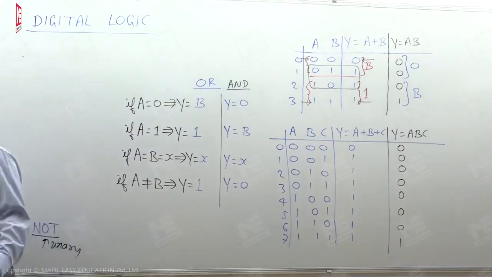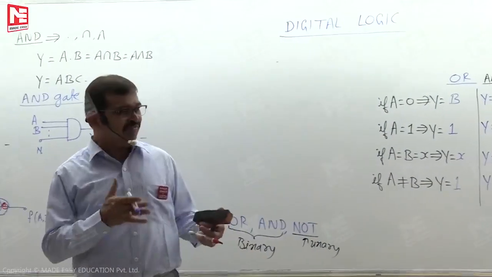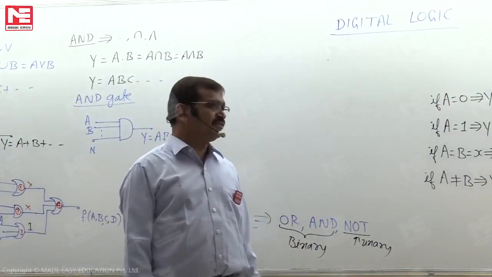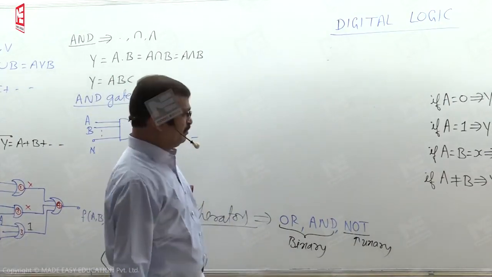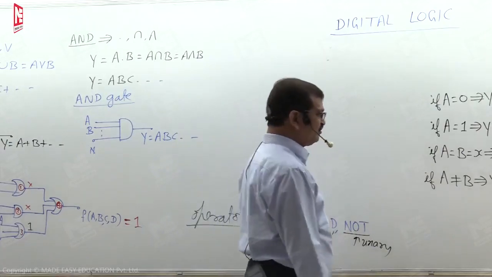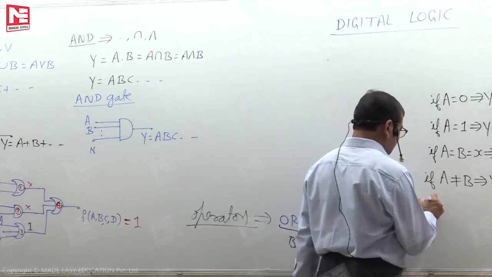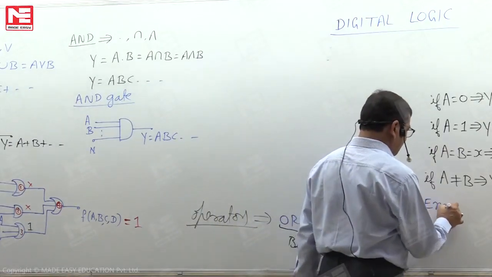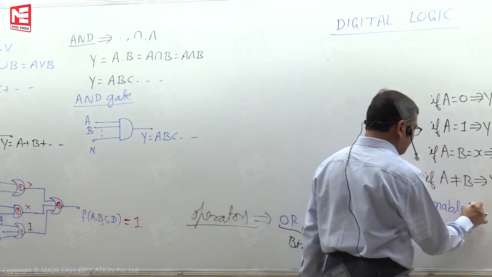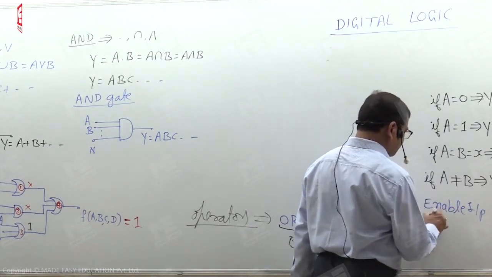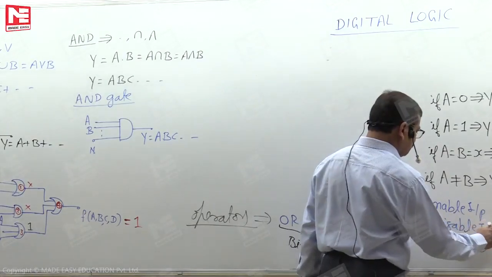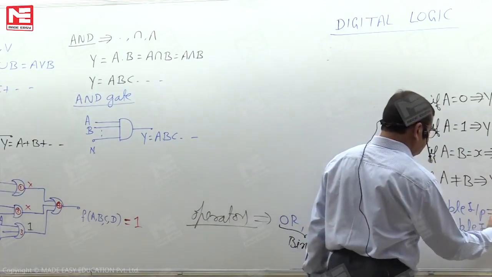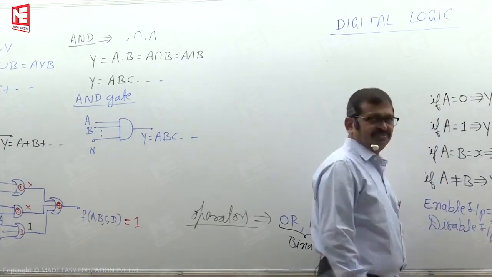This type of listing is possible for us to give on every logic gate whenever the logic gate has more than one input. Apart from this, we need to look at enable and disable inputs.